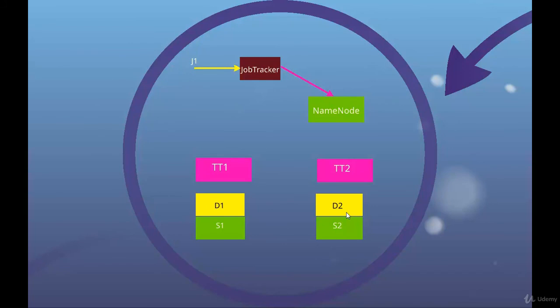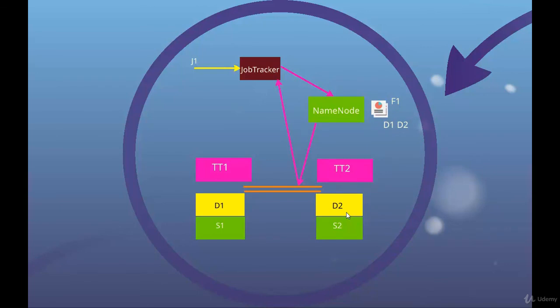Now what does the name node do? The name node is managing the data nodes. It will tell this location. The name node has an image which says F1 is in data nodes D1 and D2. Now when it knows these data nodes, the name node will form a read pipeline and return the read pipeline to the job tracker.